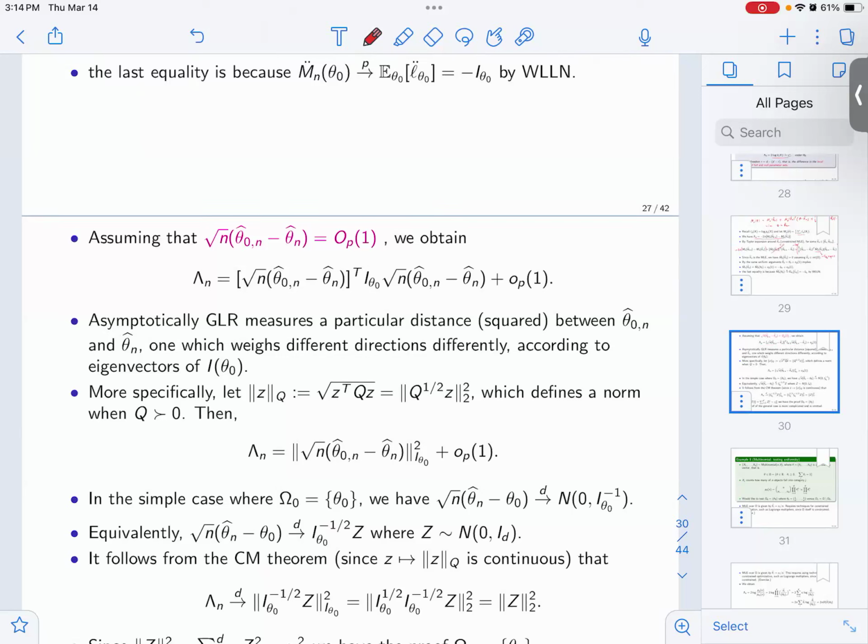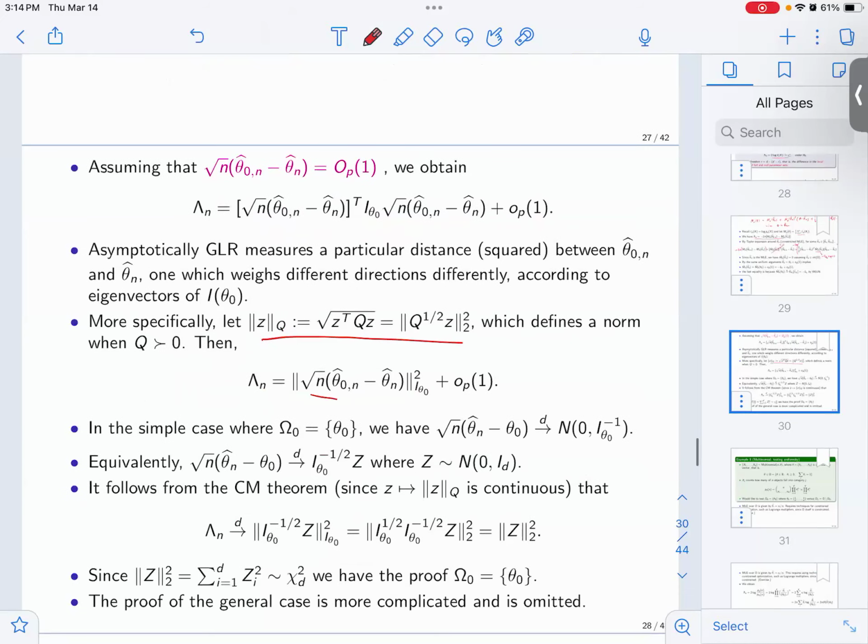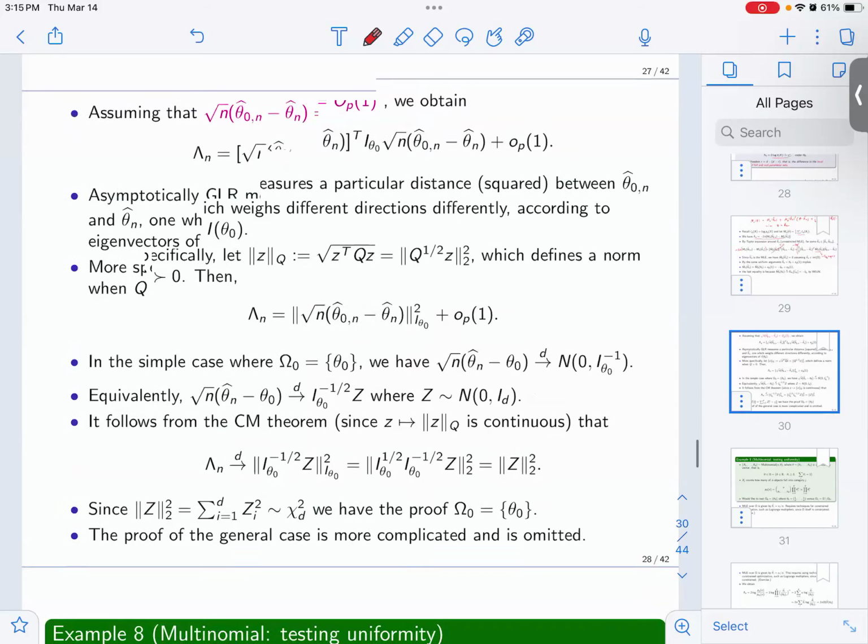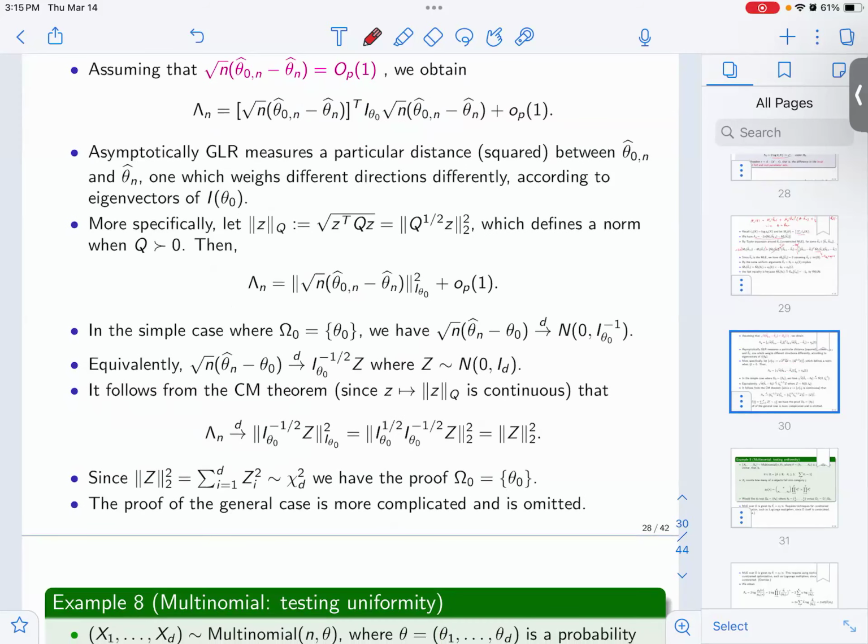If I define an inner product like this, z transpose Q z, this is an inner product and so it's a particular norm. And in this notation, I can rewrite it as measuring this difference in this norm plus o_P(1). And finally, we note that the maximum likelihood estimator has asymptotic normality, if you remember.